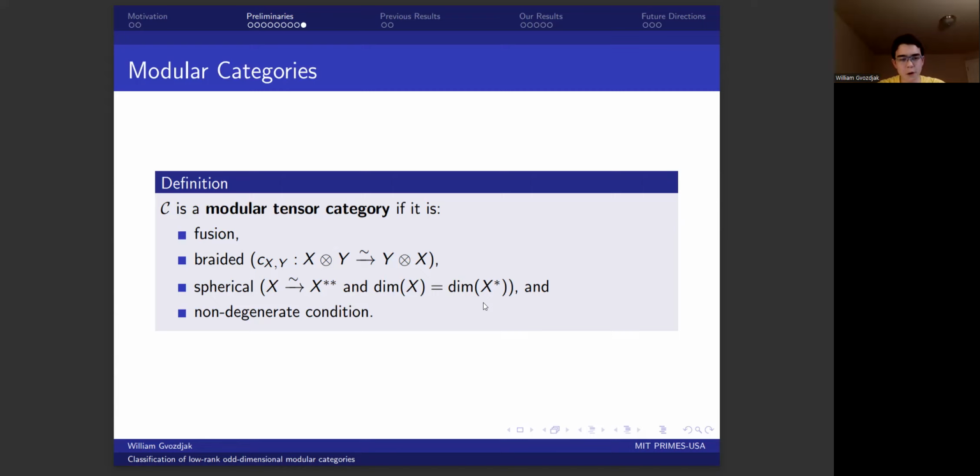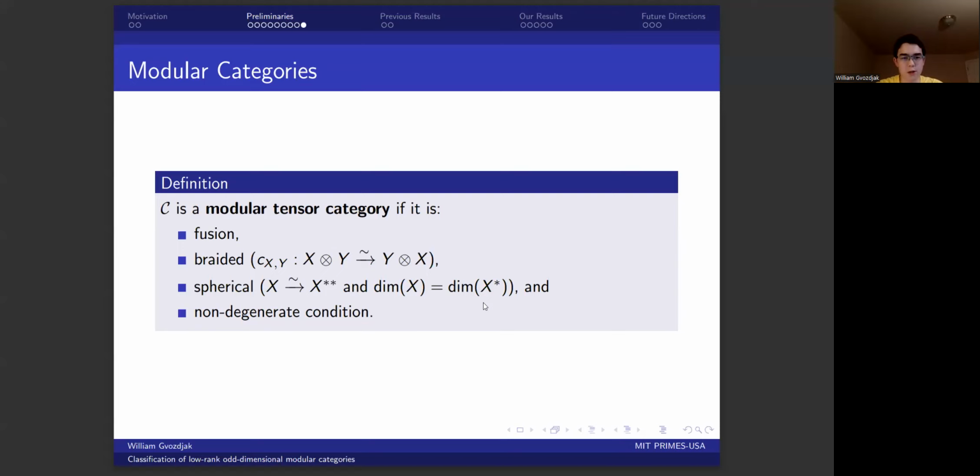C has to also be spherical. For every object X, there has to be some isomorphism between X and its double dual, and the quantum dimension of X has to be equal to the quantum dimension of its dual. If C satisfies these first three conditions, we say it's a pre-modular tensor category. And then finally, if C satisfies this non-degeneracy condition, we say it's a modular tensor category.